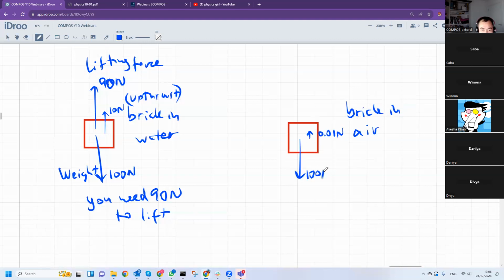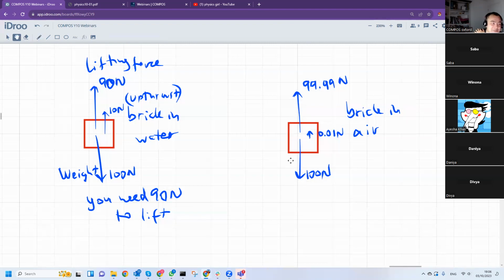There's still 100 newtons, but to lift it, you don't need 100 newtons. You need 99.99 newtons. So the air helps you lift things ever so slightly, but it does. Okay?